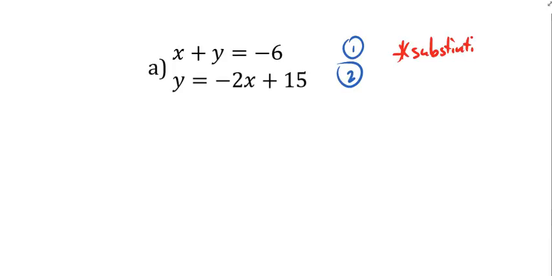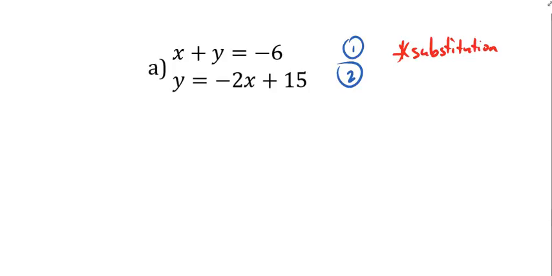And here's our review of the substitution method. Some of the questions might be a bit harder because you might have to isolate. So if you get stuck on that step, put your hand up and let me know and we'll work through it together. So what am I going to substitute?